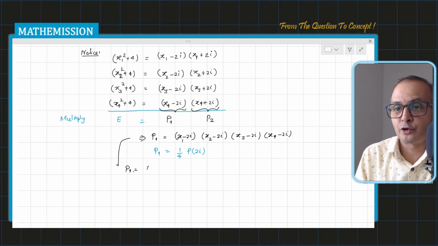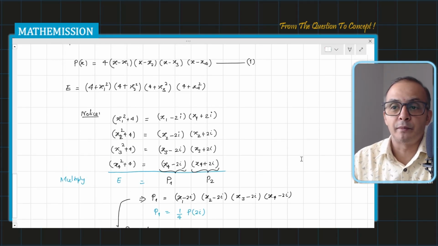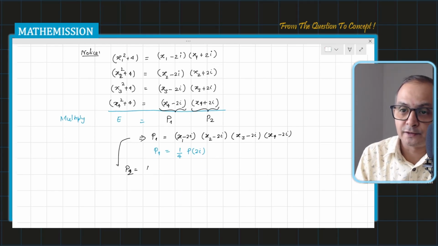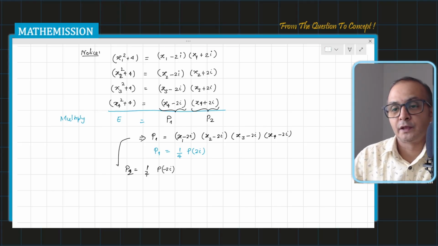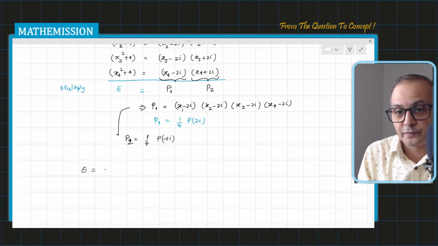And similarly, you notice the P2. The P2 value, we are evaluating the P again at minus 2i, isn't it? So the P2 is 1/4 of P at minus 2i. And the product, that is expression E, is nothing but P1 times P2.